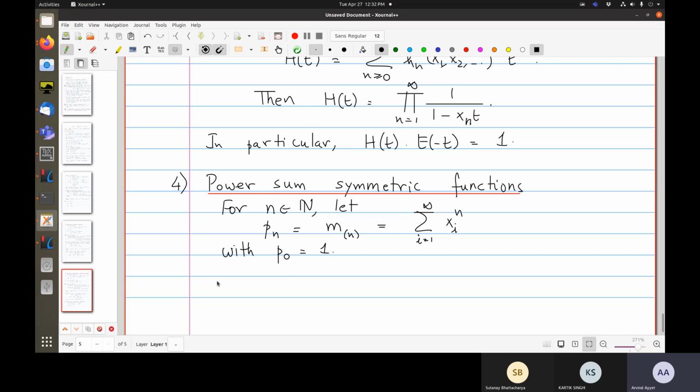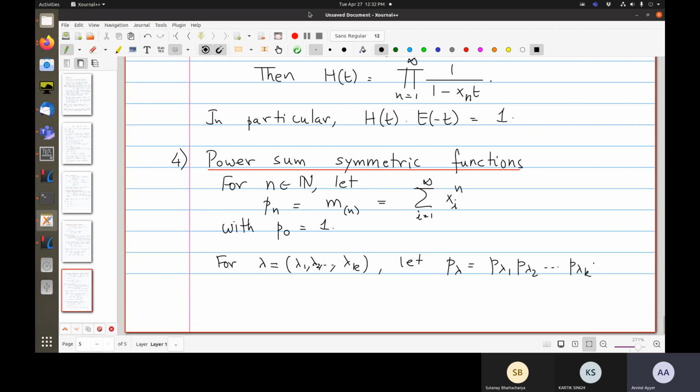And again, for lambda equal to lambda 1 through lambda k, let p_lambda be p_lambda1, p_lambda2, etc. Okay, so this defines the power sum symmetric functions.